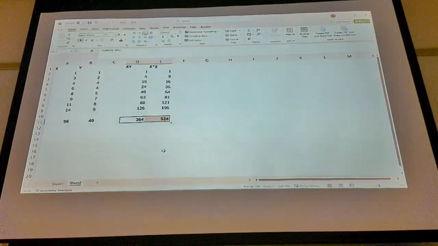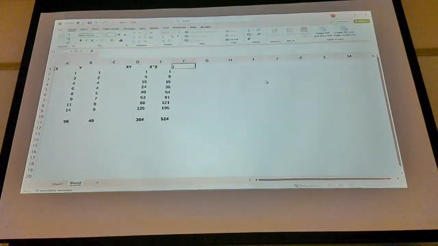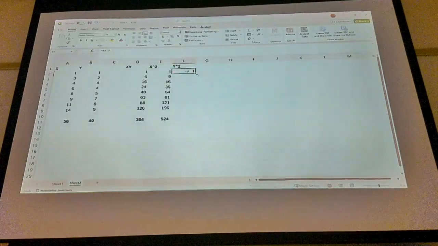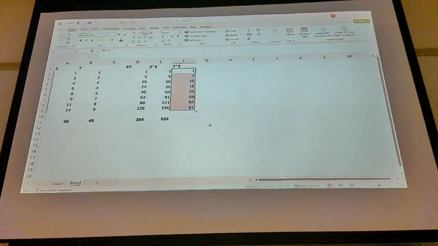Find its sum. Now I think I can then do this, because we also want a sum of y squareds. I should be able just to do this. I'll drag that over. Yeah, now it's B2 squared. Perfect. And then I can drag and drop.